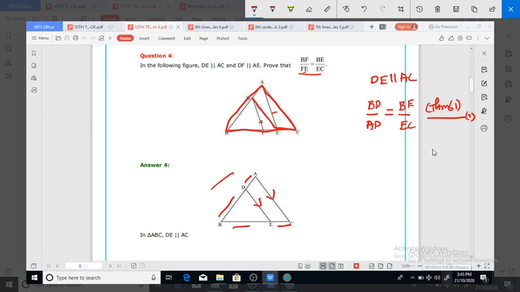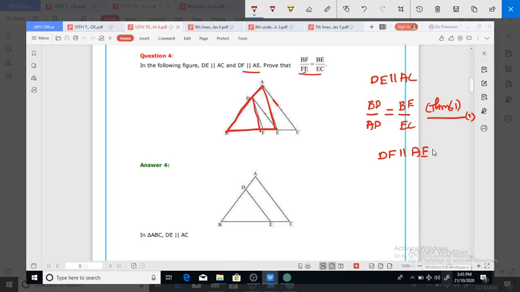Next, DF is parallel to AE. In this diagram, take this DF, DF is parallel to AE.